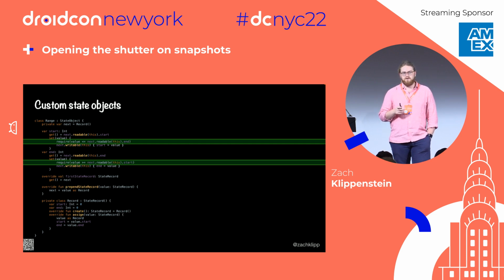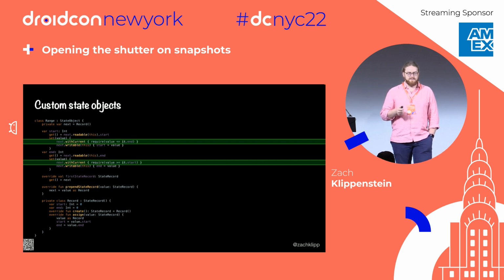So when you change a value in an event handler, for example, the way that Compose knows to invalidate composition is because it was listening to reads the last time you did the composition, and it saw that you read something. And when that changes, it needs to schedule a new composition. But if you're just writing a value, that's not a read, so you don't want to have to do that. So if we use readable in the setter, it's going to trigger more updates than it needs to.